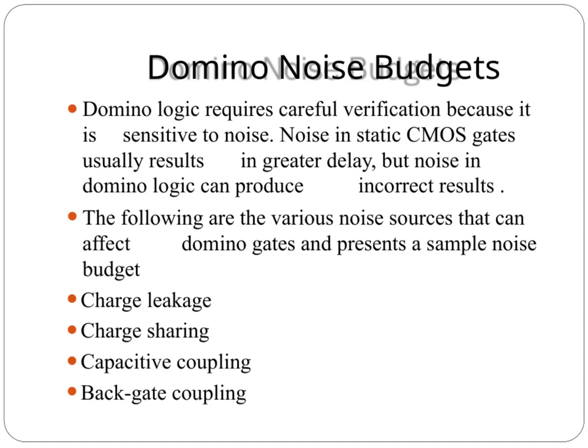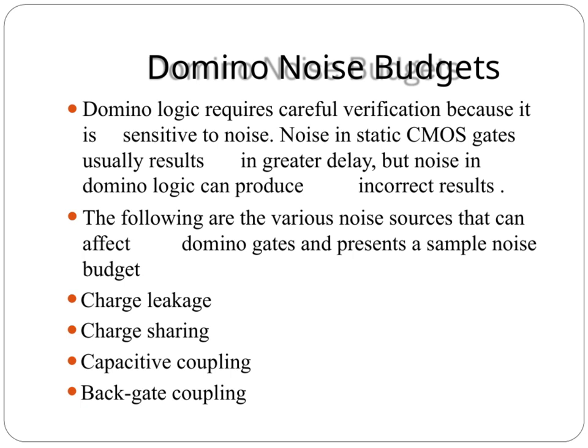Domino logic is quite sensitive to noise, so it requires careful verification to ensure correct operation. Unlike static CMOS gates, where noise typically just causes increased delay, in domino logic noise can actually lead to incorrect results, which makes managing it crucial. There are several noise sources we need to consider here. First is charge leakage, where stored charge can dissipate over time.